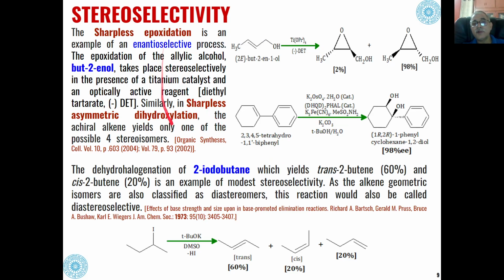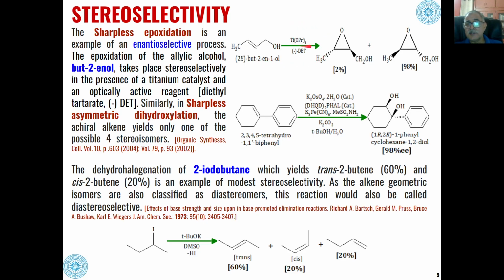So a few more examples of stereoselectivity. For example, Sharpless oxidation is one example of an enantioselective process. In this case, this is an allylic alcohol, 2E-but-2-en-1-ol.